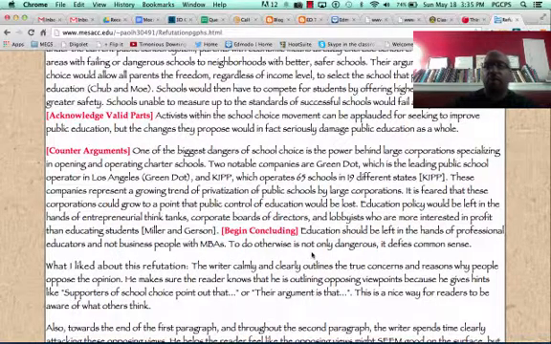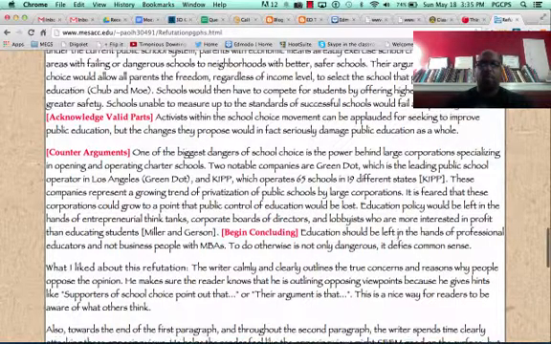To do otherwise is not only dangerous, it defies common sense." Basically, the writer just brings home the salient point: it's dangerous to allow these charter schools to have control of the school systems because it doesn't really help, and they're out for profit and not necessarily in the best interests of the students.